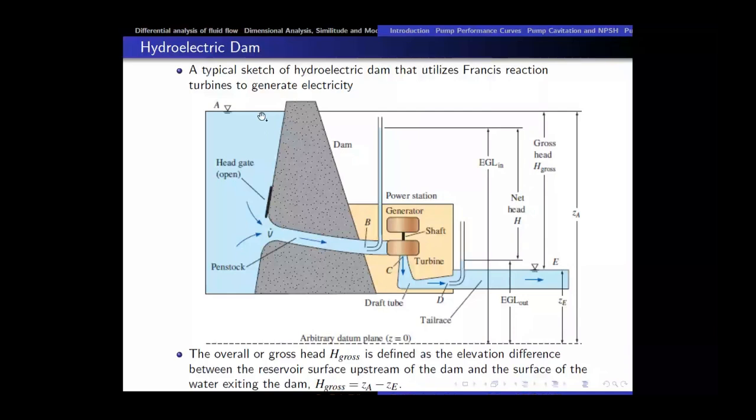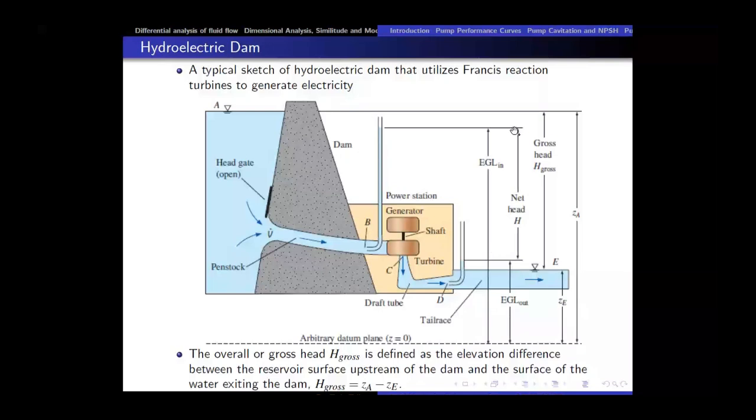So ZA minus ZE. This is the maximum head which ideally can be used for power generation. But because this is viscous flow, the actual net head available would be a little less, given by the head at the entrance of the turbine minus the head at the outlet of the turbine. Point B is the inlet of the turbine and point D is the outlet of the turbine, and that gives us the actual net head available for power production.